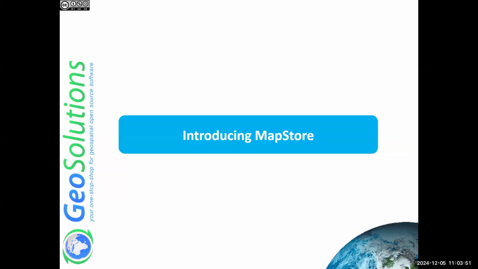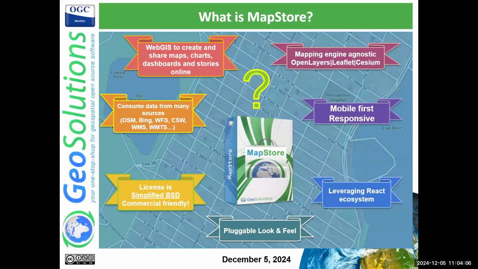So let's first provide a brief introduction to MapStore to introduce the product, at least, and its high-level capabilities to those of you who are not too familiar with it. MapStore is a WebGIS application, licensed under the simplified BSD license. Its main purpose is to provide tools to create, manage, and share various kinds of resources, such as maps, dashboards, and geographic stories online.